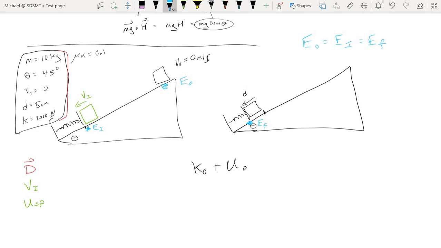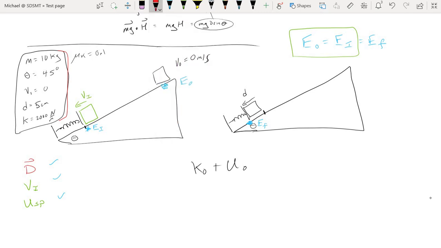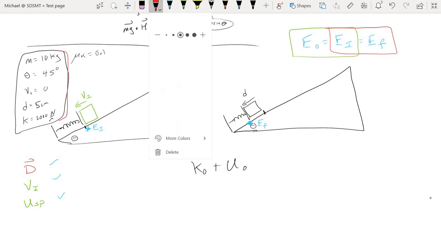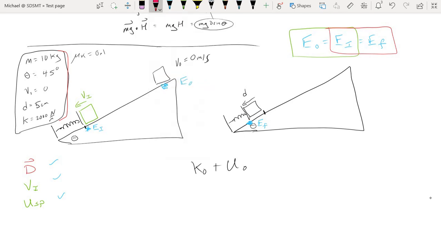And we have questions posed to us that relate to all three of those locations, but we can only compare the energies of two of those locations at once. We can compare E naught to E impact. We can compare E impact to E final. We could compare E naught to E final.